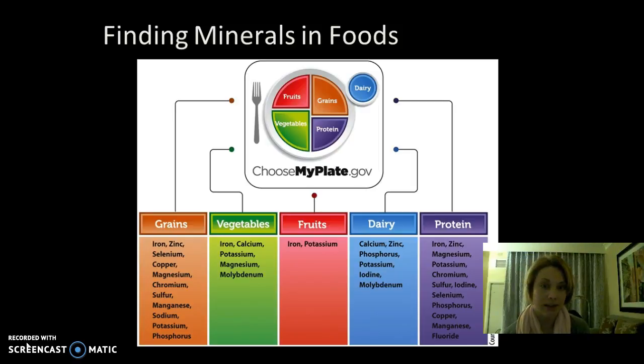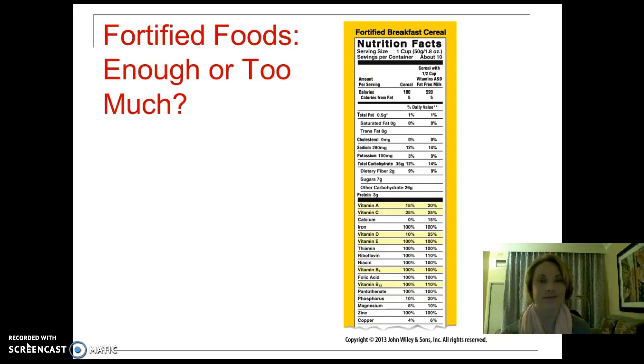Minerals as well as vitamins are widespread in foods, again making a case for us to vary our diet. We can get vitamins and minerals, as I mentioned before, from supplements or from fortification or enrichment. On the other hand, enrichment is adding something back that was taken out during processing.